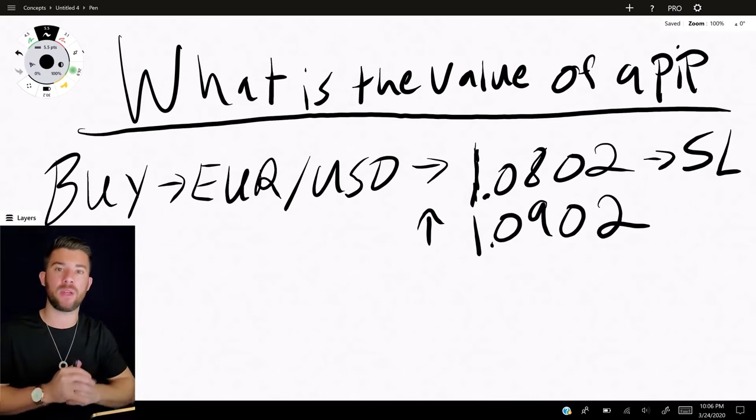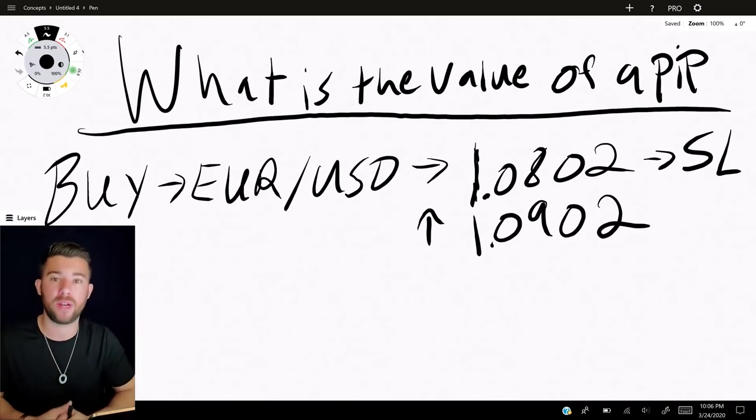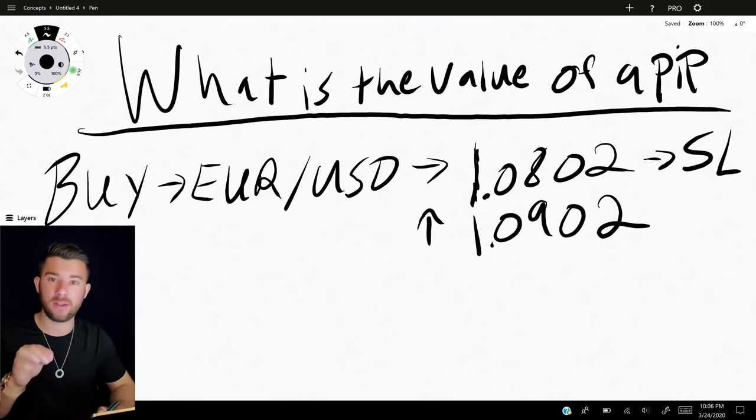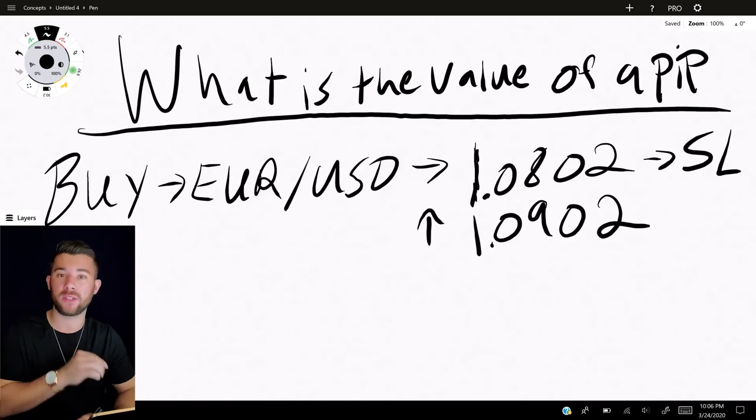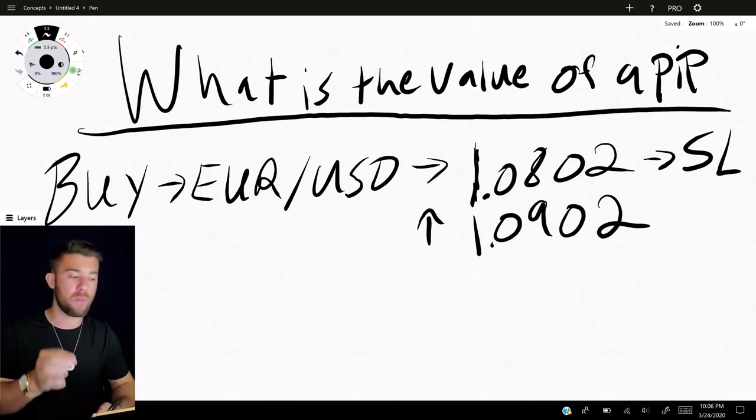How much money did we make? See if you can calculate how much money we made based on this trade. Remember, a standard lot is 100,000 units of currency, and on any pair ending in USD, we're making or losing exactly $10. The value of a pip is exactly $10.